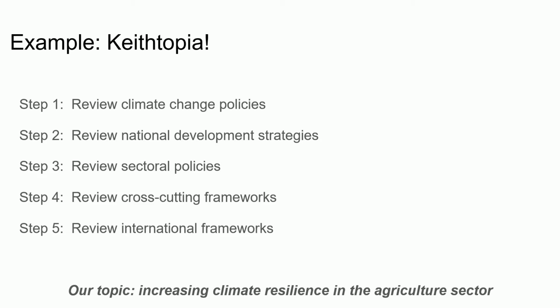Now, step 2, we reviewed Keithtopia's Vision 2040 Strategic Development Plan. It turns out that improving agriculture and food security is the second priority pillar of Vision 2040. Improving education for all is the first pillar. But the second pillar is improving agriculture and food security.